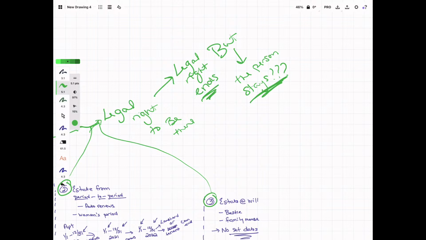We know the only legal way to get somebody out of a place is to get them removed by a judge. So even though their lease is over and they should have left, they have the right to stay until a judge tells them to get out. And that's exactly right. This is number 4.